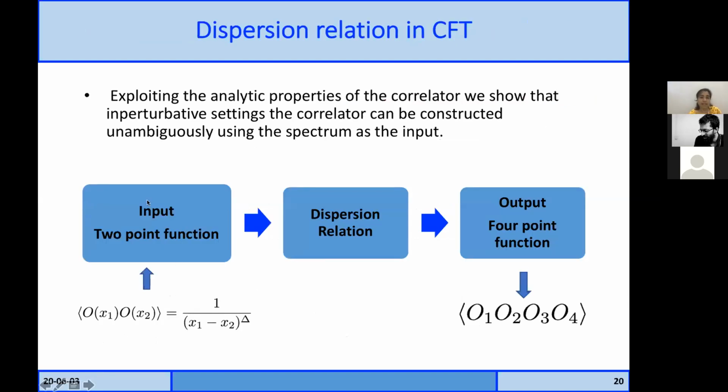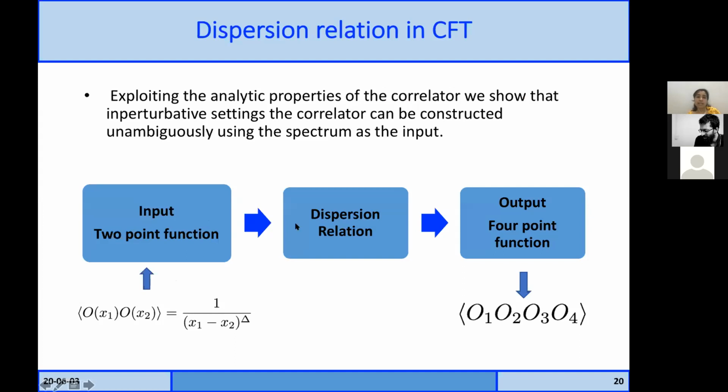Exploiting the analytic properties of the correlator, we will see that in perturbative settings the correlator can be constructed unambiguously from the spectrum. This is schematically what it means. This is the input, which is a 2-point function, and by input I mean that I am using this Δ as our input.